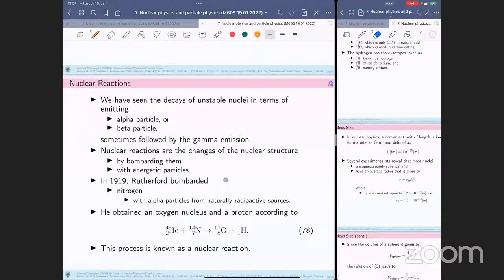Rutherford is the main person who observed things about isotopes and radioactive elements. Today is 2022, so it's around 103 years ago. About 100 years ago, Rutherford bombarded nitrogen with alpha particles from naturally radioactive sources.